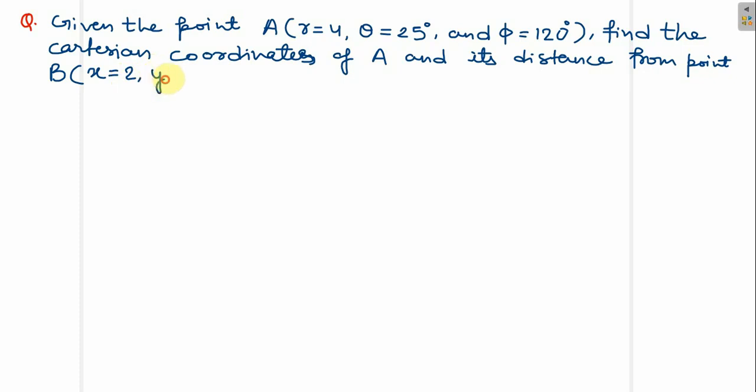X equals to 2, y equals to 3 and z equals to minus 1. Okay, so this is your question.